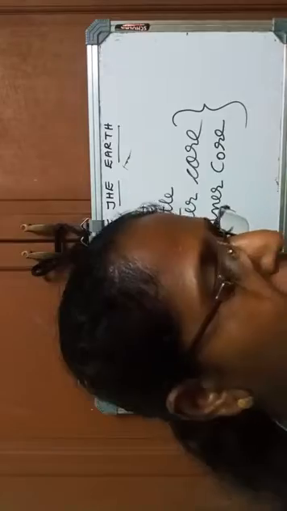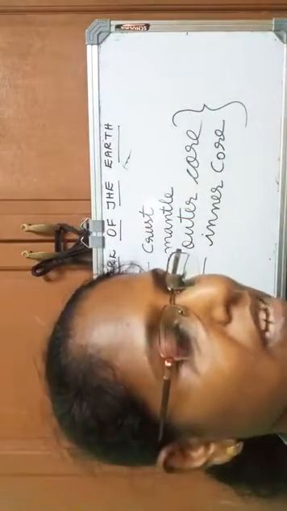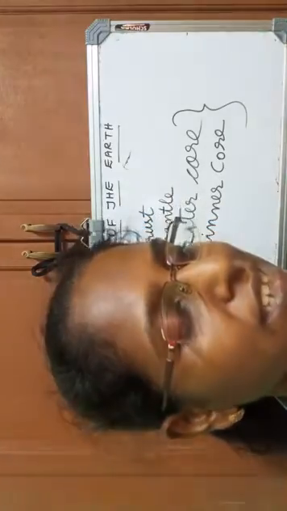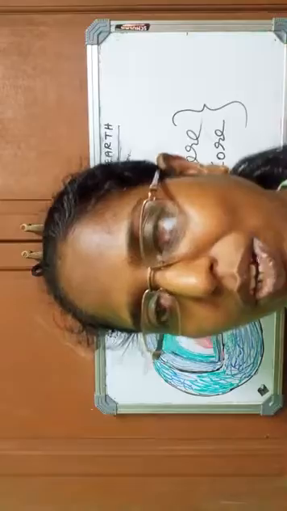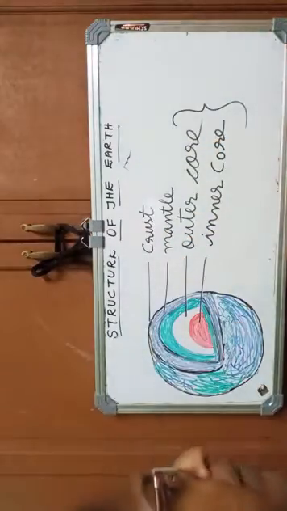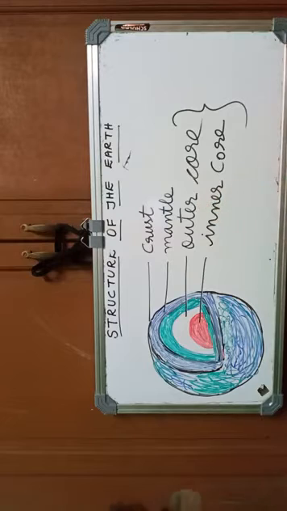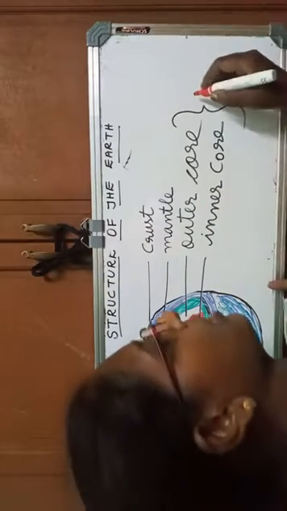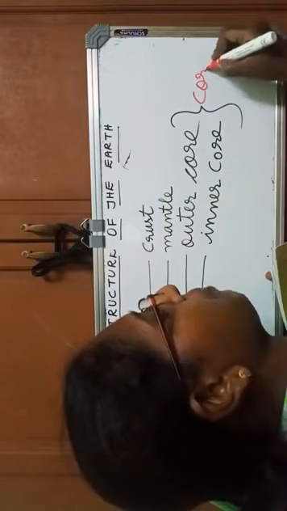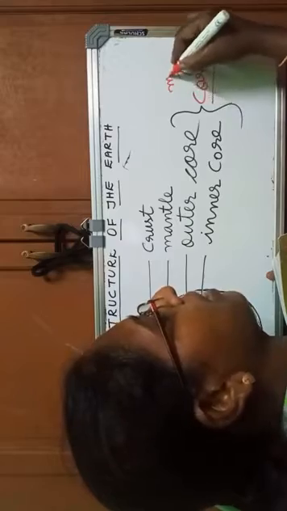First we are learning, but before that, all of you listen to the introductory paragraph. The Earth has an egg-like structure. At its center is a yolk of metal called core. I told you the outer core and inner core make the core, the center part of the Earth. What is this core made of? Metals.